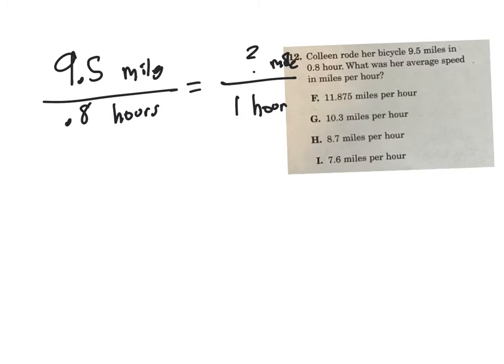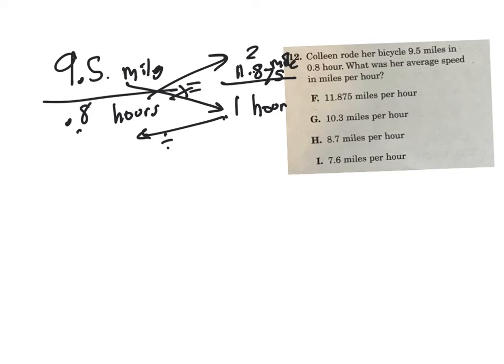I use the cross method on this. So I do this times this, 9.5 times 1, divided by this, gets me that. So 9.5 times 1 is 9.5, and then I divide that by 0.8, and I get 11.875.